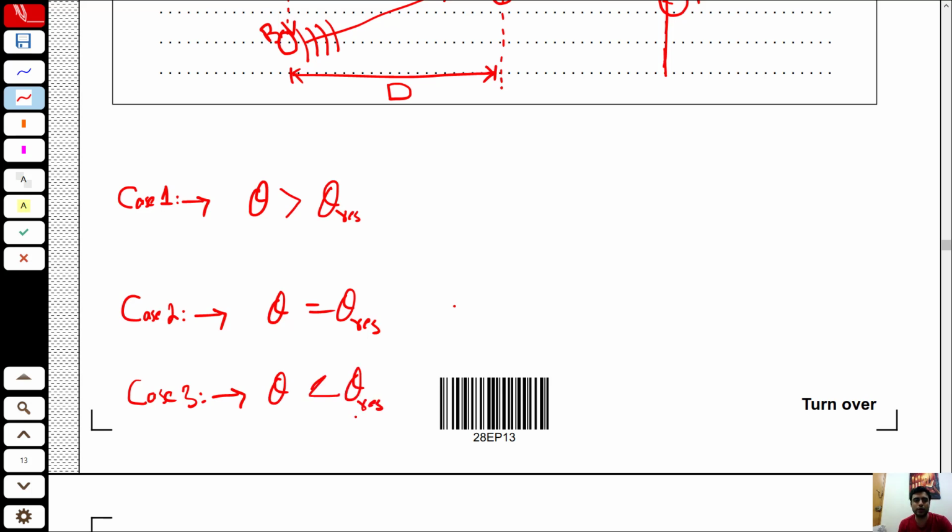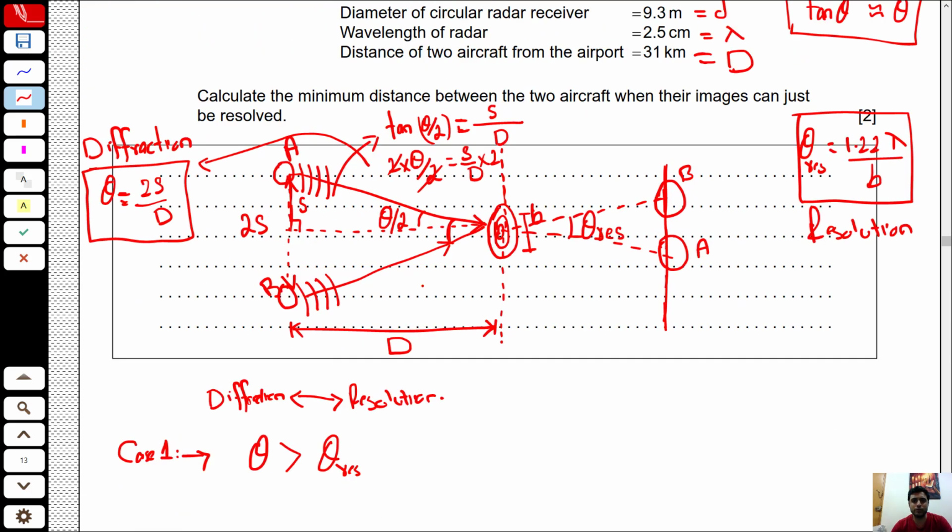So here we have diffraction versus resolution. Diffraction is the first part of the problem, and resolution is the second part. The diffraction is from the aircraft, or anything else emitting some light, and it enters the camera. From the camera, the resolution starts to take place.